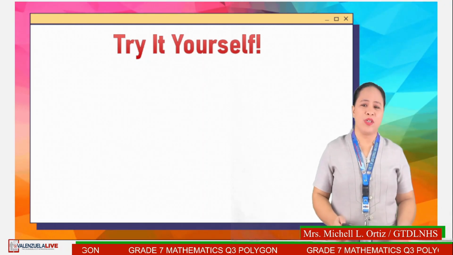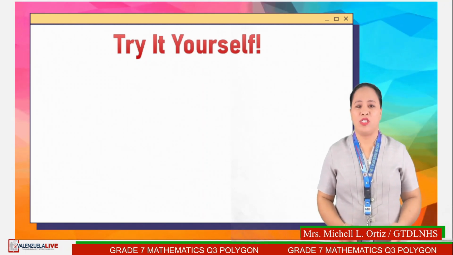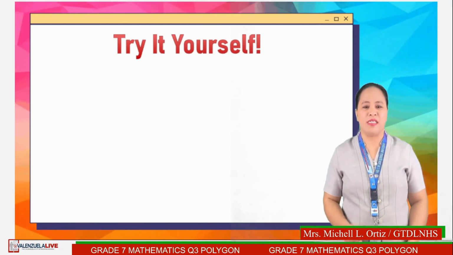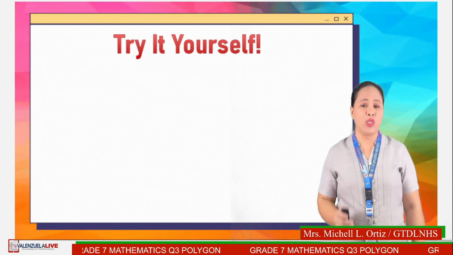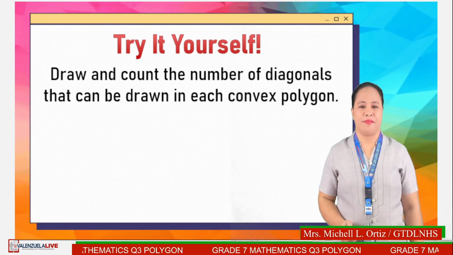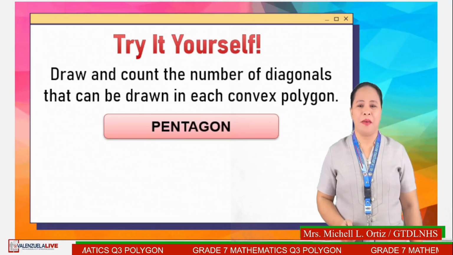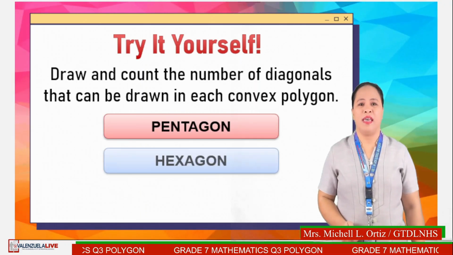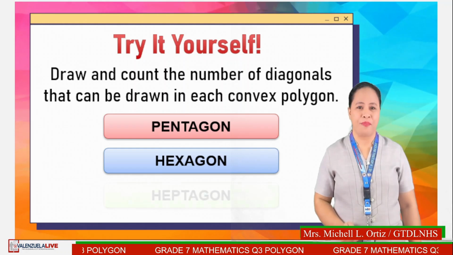Now, will you get your notebook and pen and try to draw and count the number of diagonals that can be drawn in each convex polygon? Typically, pentagon, hexagon, and heptagon.